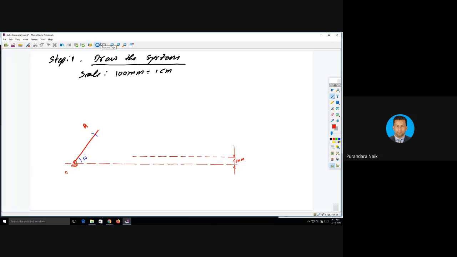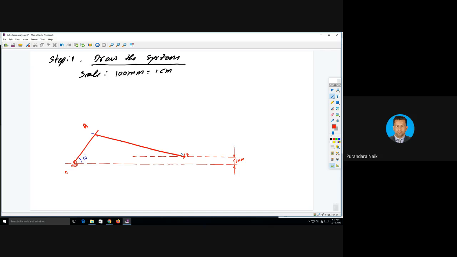So take the length 6.5 centimeter, and cut it here. We'll get a point here, B. Once you cut the length, join this. So this is AB.